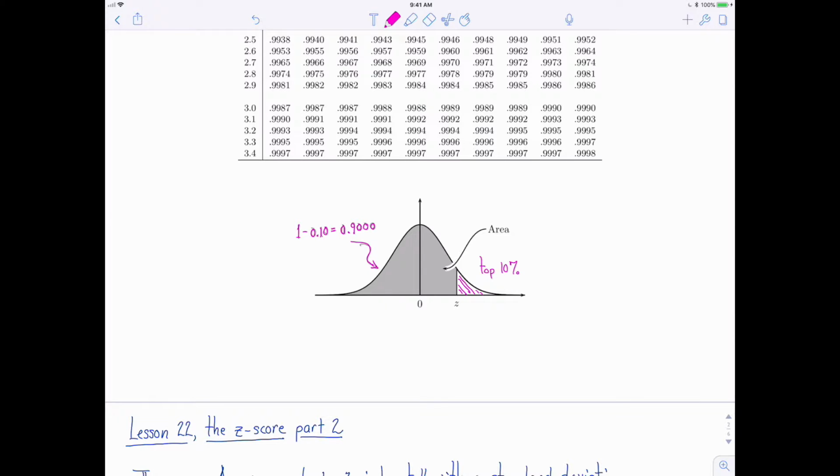In other words, we need to find the z-score for 90%. And remember that 90% as a decimal is 0.9000.